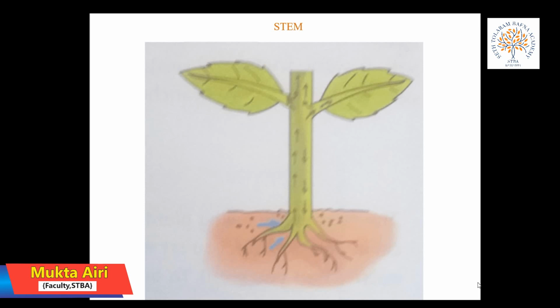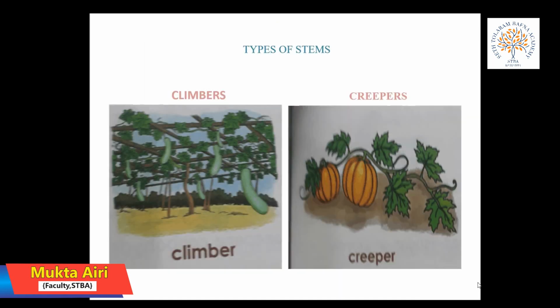Some plants such as sugarcane, ginger and potato store extra food in their stem. Potato and ginger are modified underground stems called tubers. Stems can be hard such as the trunk of a mango or soft such as a banana plant or a tulsi plant.